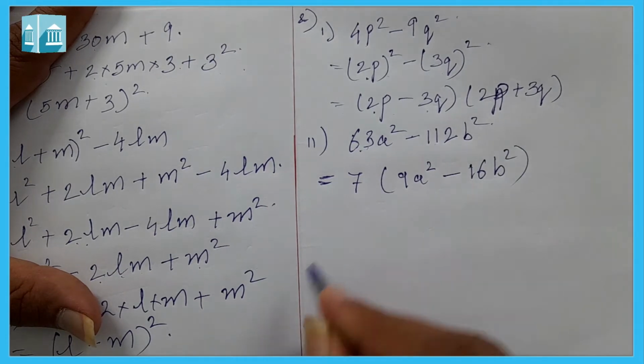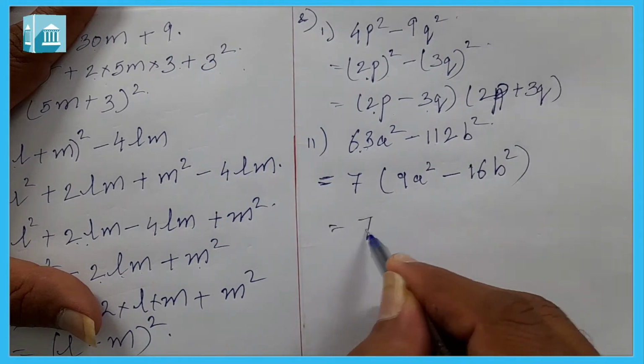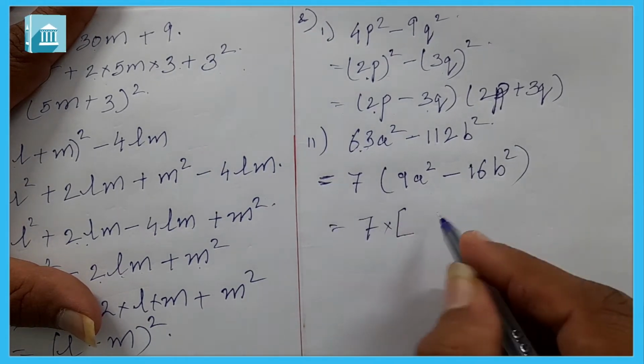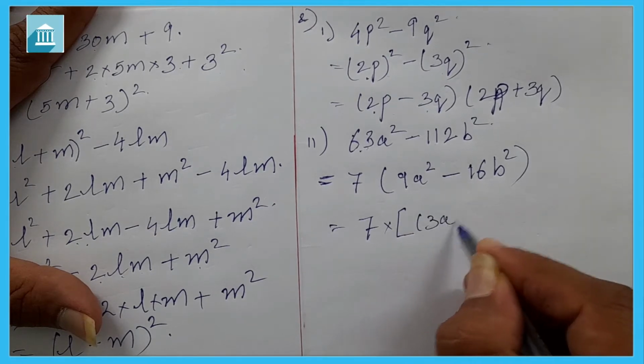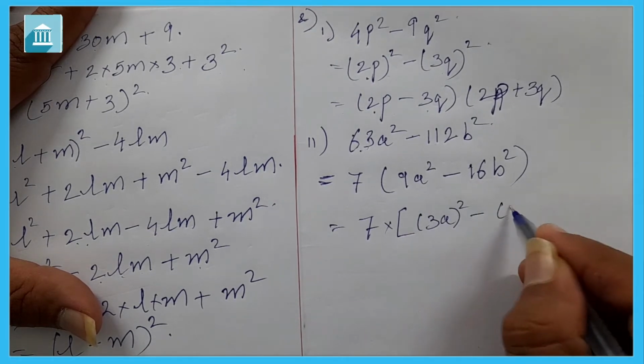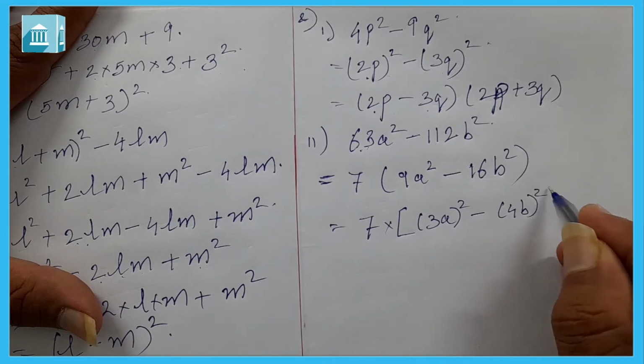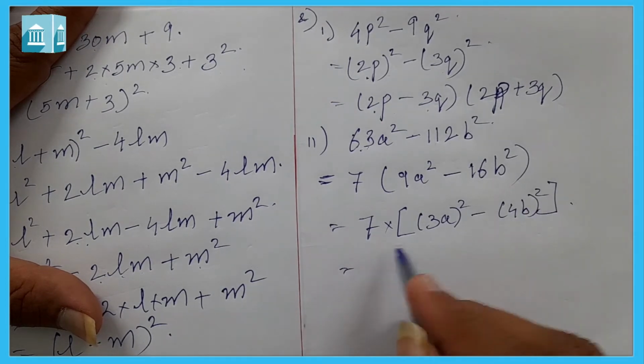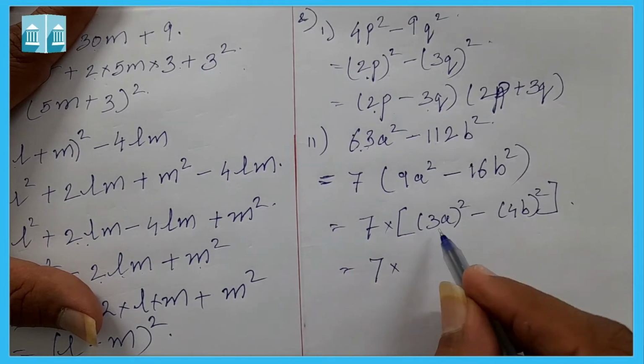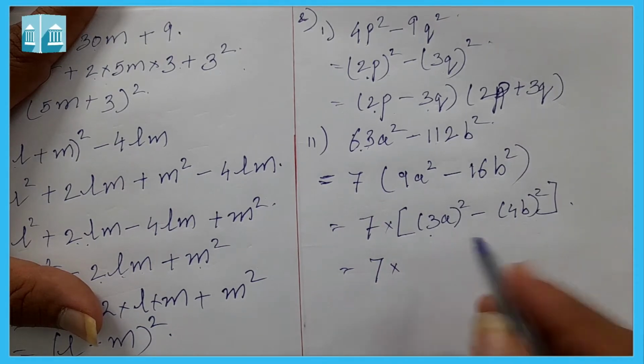16b square. Now this will be equal to 7 into 9a square, which is 3a whole square, minus 4b whole square. This will be 7 into a square minus b square.